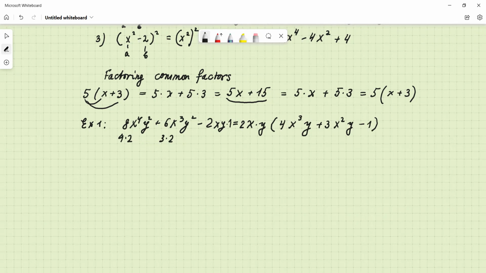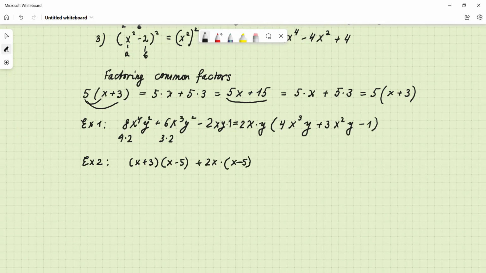Now, let's factor something a little bit more complicated. Example number 2. What if we factor not just a product or just one number, but a whole parenthesis? For example, (x plus 3) multiplied by (x minus 5) plus 2x multiplied by (x minus 5).